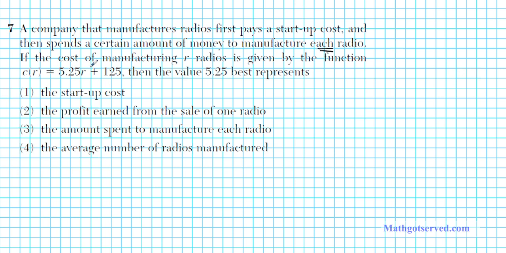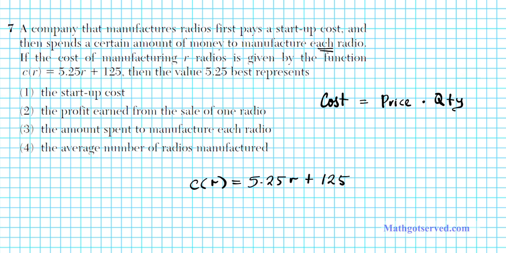If the cost of manufacturing R radios is given by the function C of R equals 5.25R plus 125, then the value of 5.25 best represents... Remember the formula for cost per unit? The total cost is basically unit price multiplied by quantity.